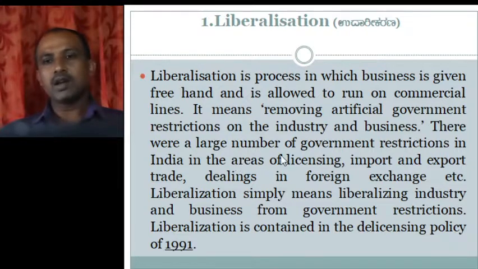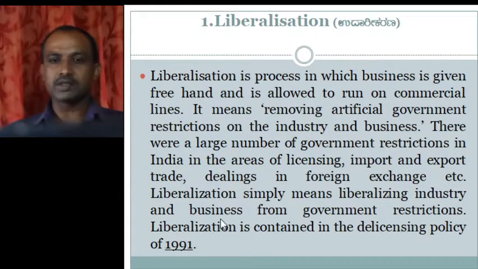There were a large number of government restrictions in India in the area of licensing, import and export trade, dealings in foreign exchange, etc. Liberalization simply means freeing industries and business from government restrictions. Liberalization is contained in the delicensing policy of 1991.